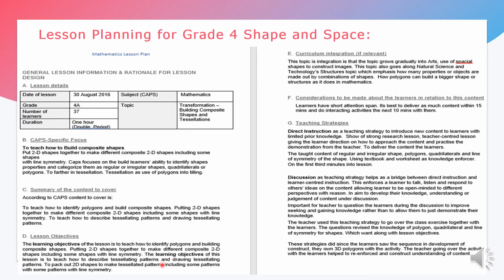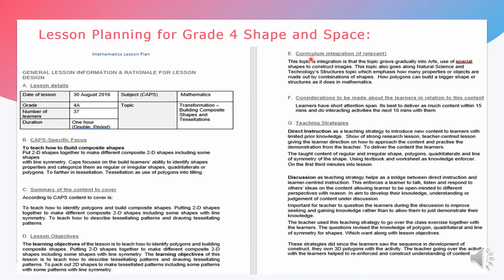For the second subtitle, the learning objective of this lesson is to teach how to describe tessellating patterns and draw patterns, to pack 2D shapes to make tessellated patterns, including some patterns with lines of symmetry.